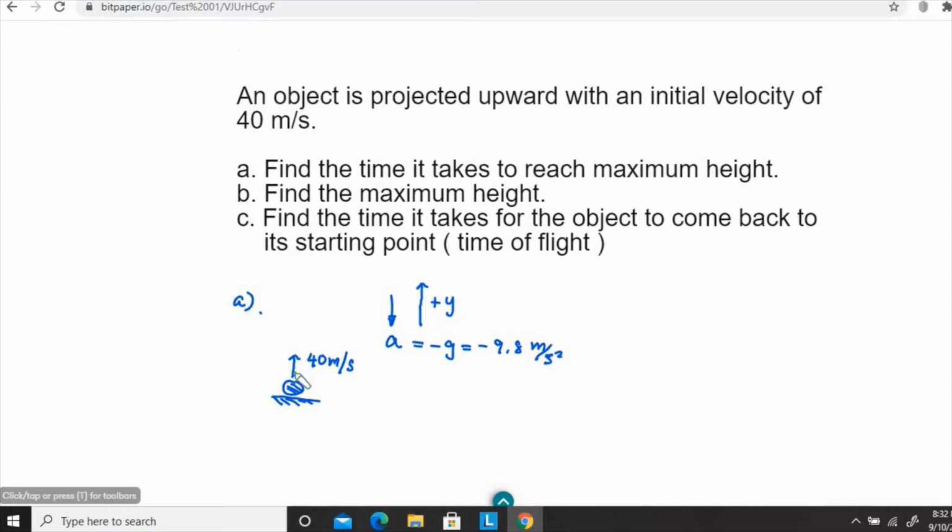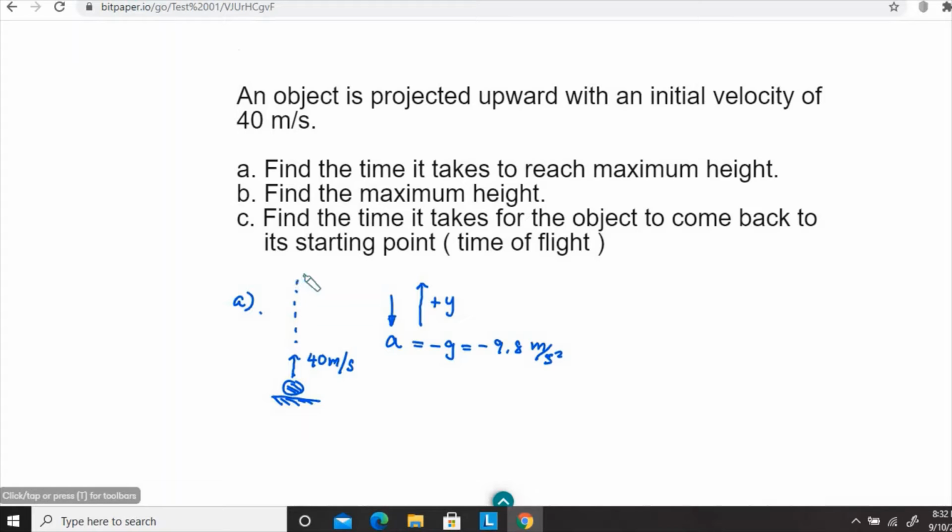So what's happening here is that the velocity is in the upward direction. You can see that the acceleration is pointing down. The acceleration is actually not supporting the velocity. It's actually hindering its motion. So as a result, the velocity is going to decrease. It's going to slow down.